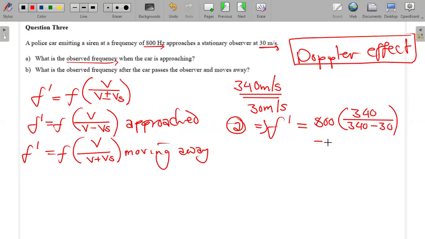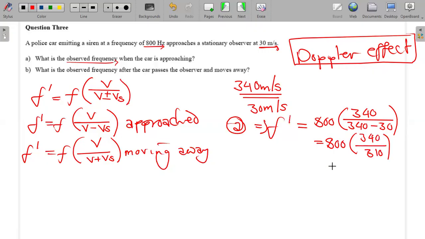So I'm going to have 800 times 340 divided by 310.